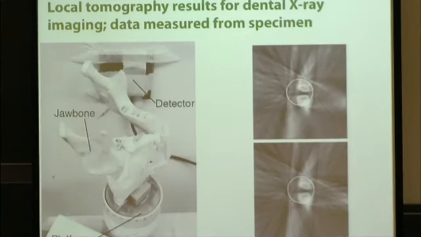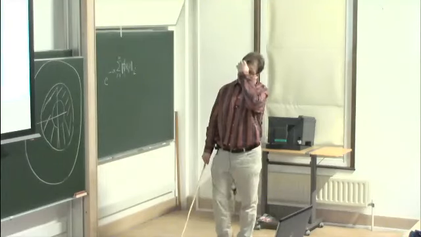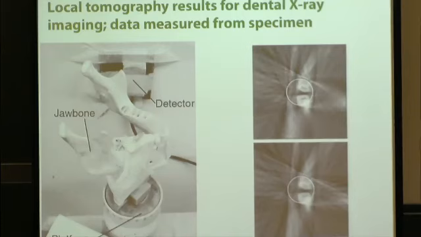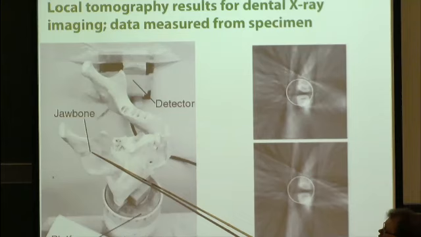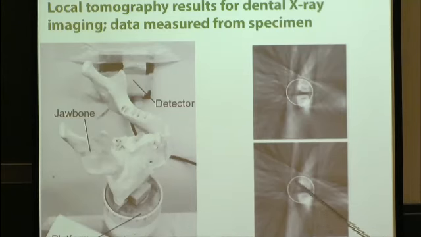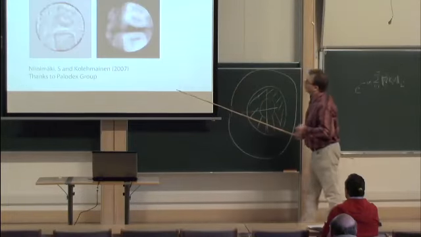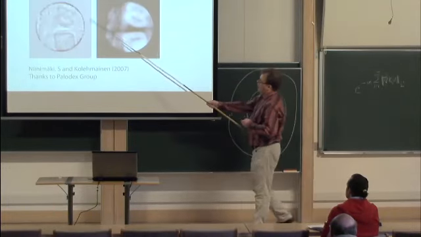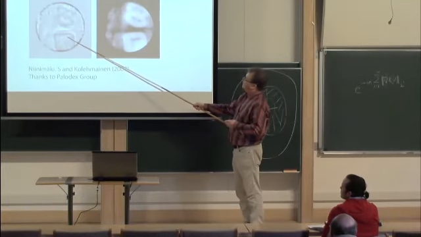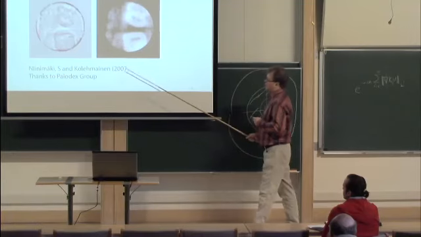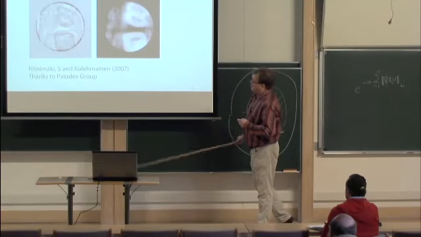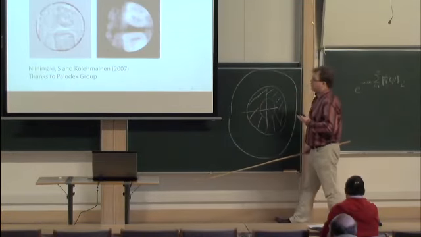Also, I have a few slides from Samuli Siltanen's talks, where he was analyzing data from measuring this jawbone. Here is our comparison of lambda tomography with all angles, but only with rays that go through the region of interest.